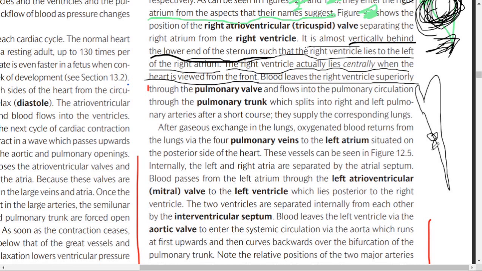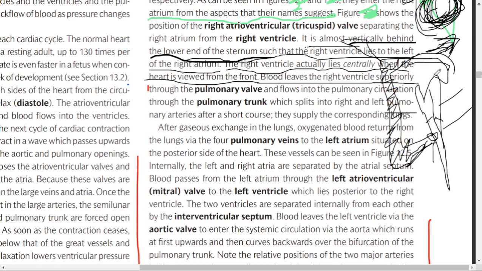This is the pulmonary trunk from the ventricle, and here we can see the pulmonary artery going to the lungs from the right ventricle. The trunk splits to the right and left before entering the lungs, and they supply the right lung and the left lung.